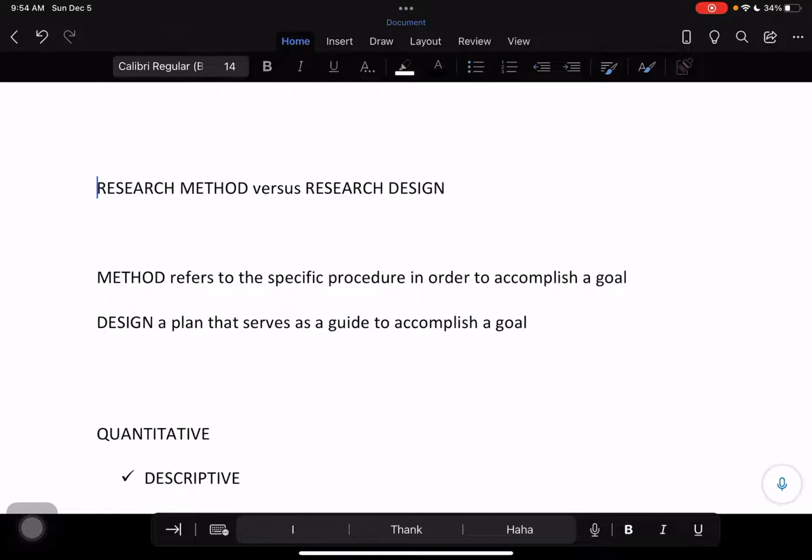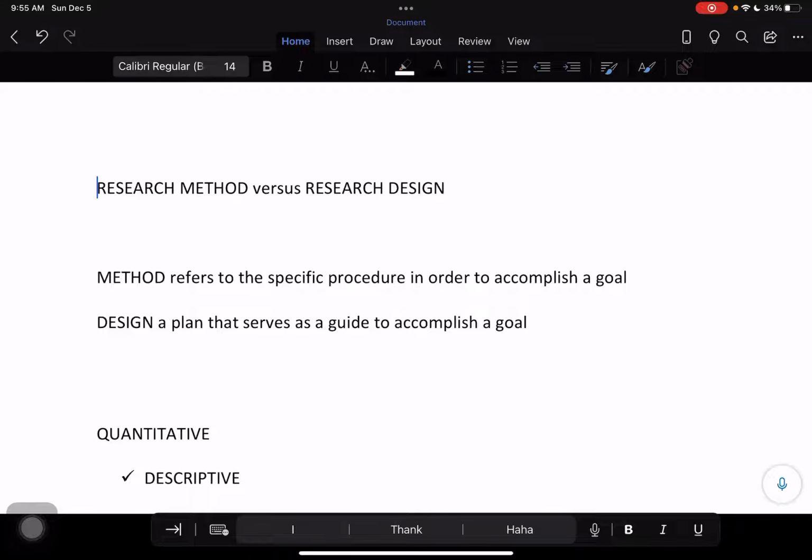This is what you are planning to do. That is why the definition of design is a plan. It is a layout that you want to achieve or you want to do, or the path that you are going to use. That's why in our definition, it serves as a guide in order to accomplish a goal.